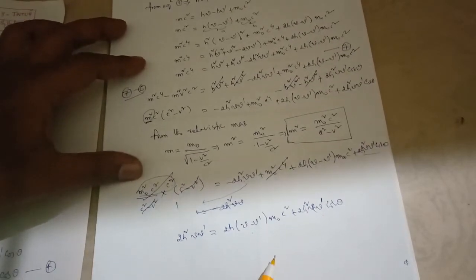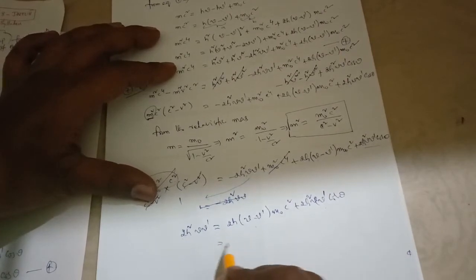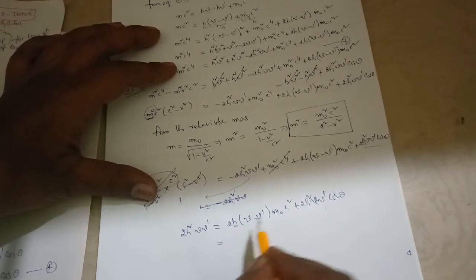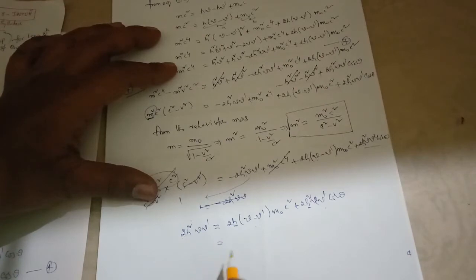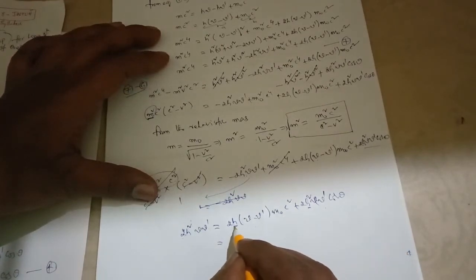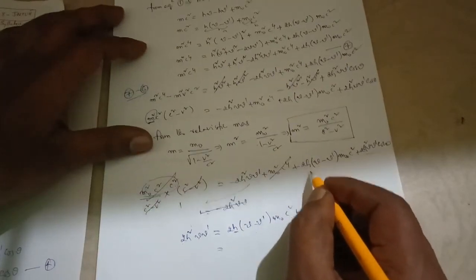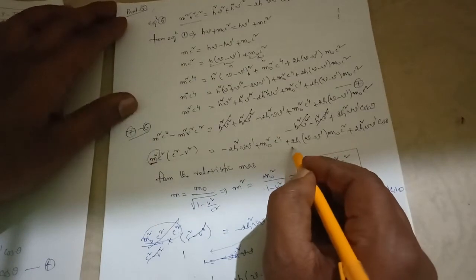Right. So here what can be written? Here h is common, because here there is an h and here there is an h. So we can take it as 2h. Yes, this is 2h only. And this is 2h.